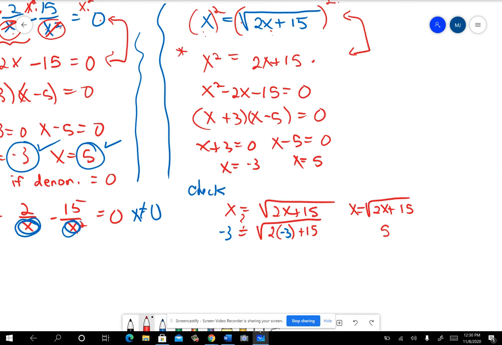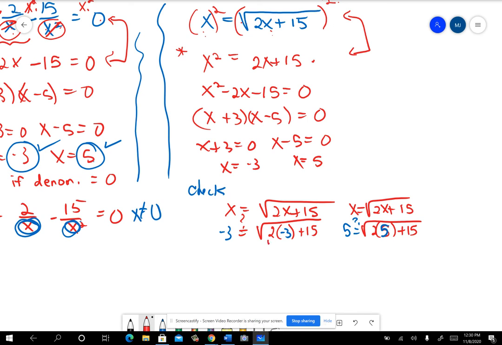When you plug in a 5, okay, does it really work? Okay, so that's what we're looking for. All right, so let's do that. Let's work them both out.